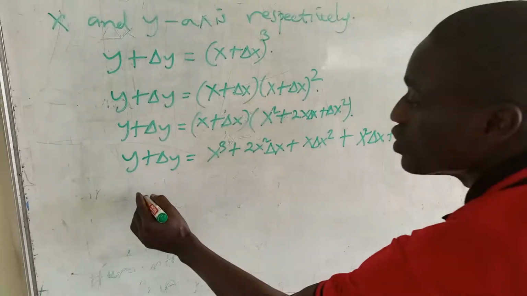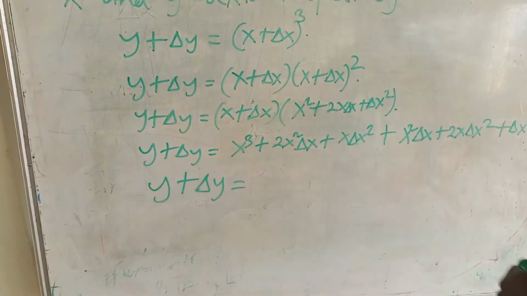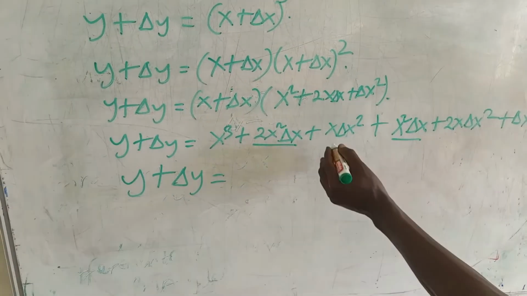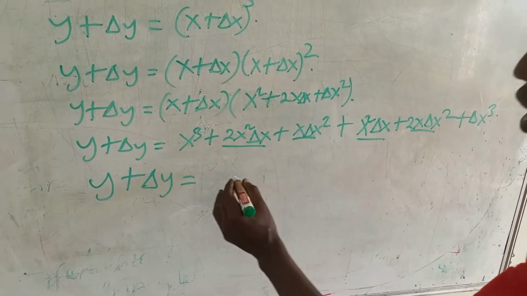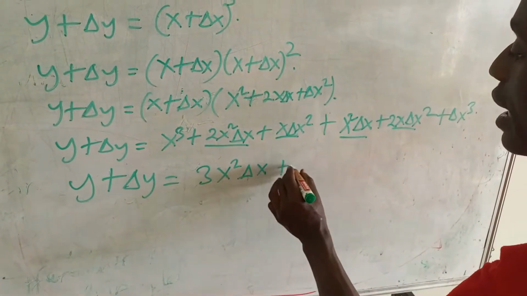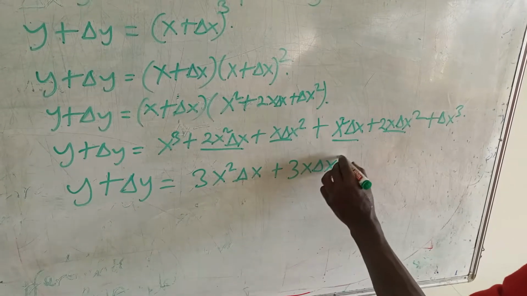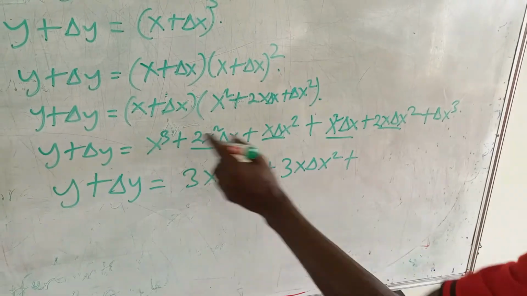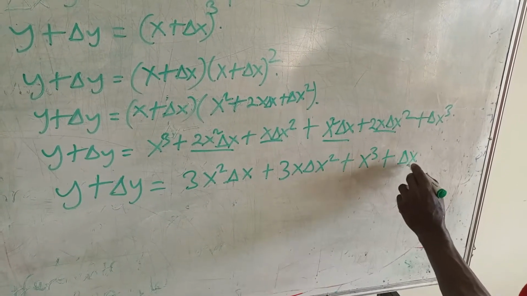Therefore, this becomes y plus change in y is equal to, so this is a like term to this one, and this one is a like term to this. So this and this becomes 3x squared change in x, plus this and this becomes 3x change in x squared, then plus this one which is x cubed, then plus this which is change in x cubed.